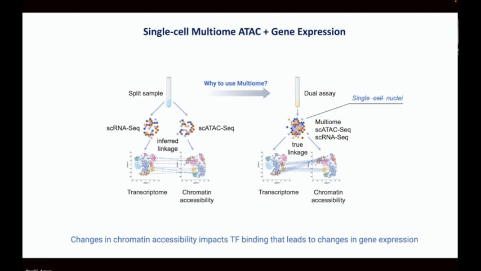Why use multiome? Initially, as you know, 10x developed single-cell RNA-Seq and single-cell ATAC-Seq, and this allowed people to look at what genes are expressed in each population and hypothesize how these are regulated.